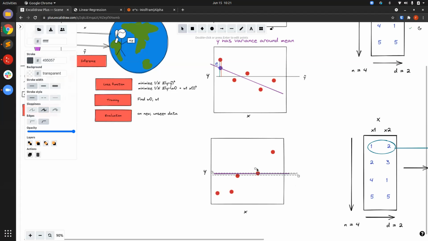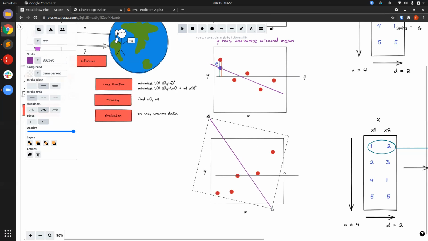Right? Now, okay, let's take the purple model again. What happens if I then continue to rotate the purple model? What's happening to the error now? Is the error increasing, decreasing, staying the same? Okay.